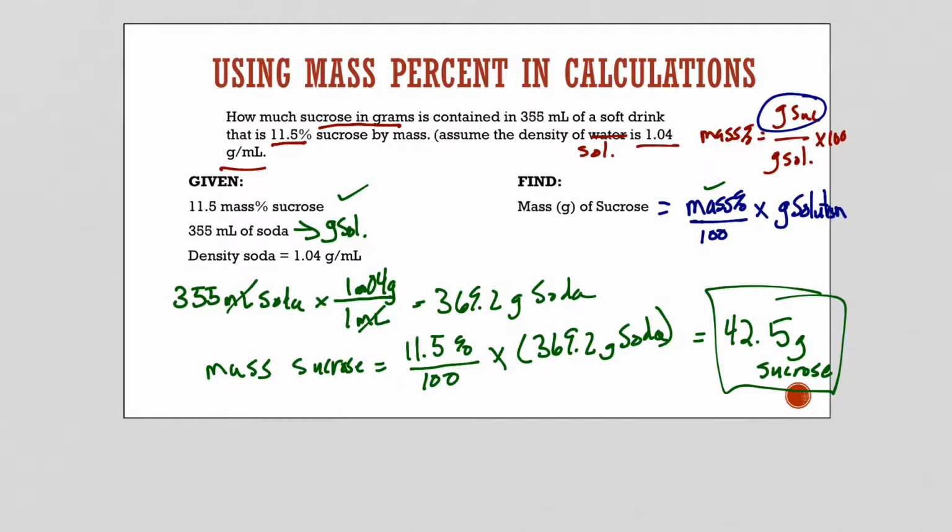So, if we wanted to think about just writing this out the normal way, right? We did the math here, but 11.5% sucrose is equivalent to our grams of sucrose, which we just got, divided by grams of solution times 100.